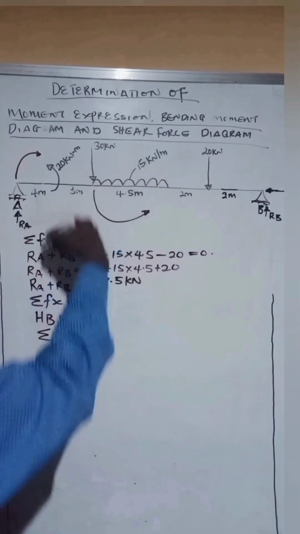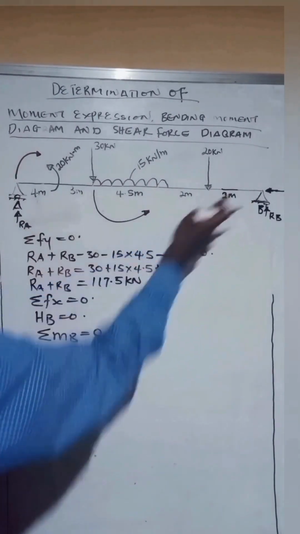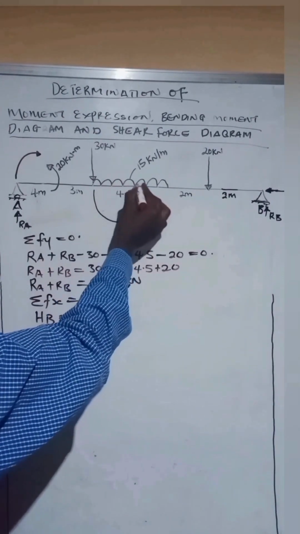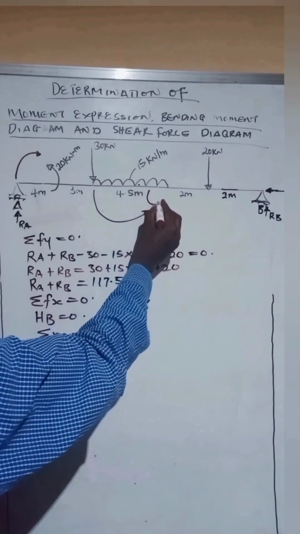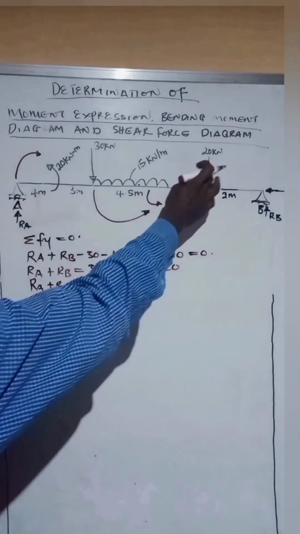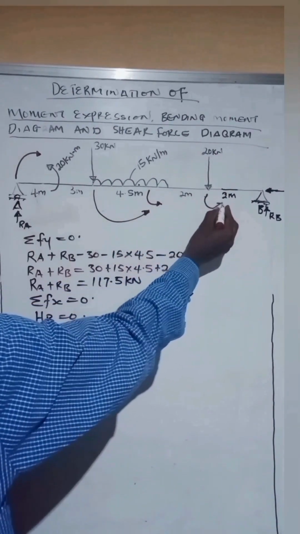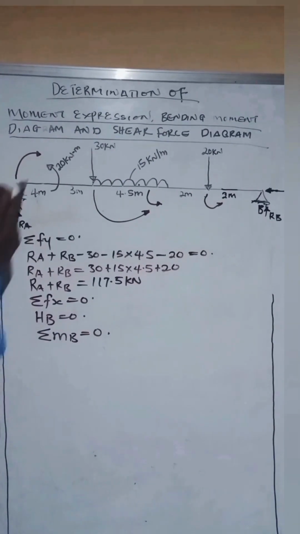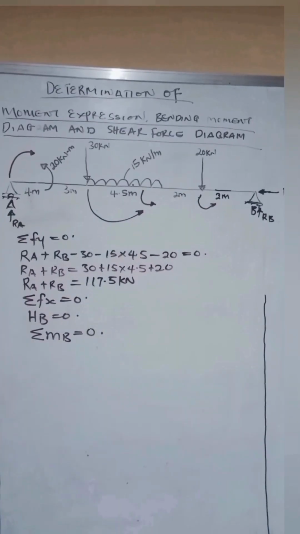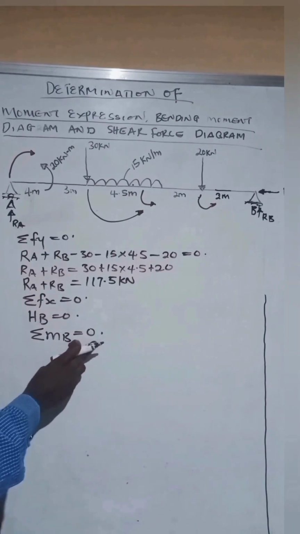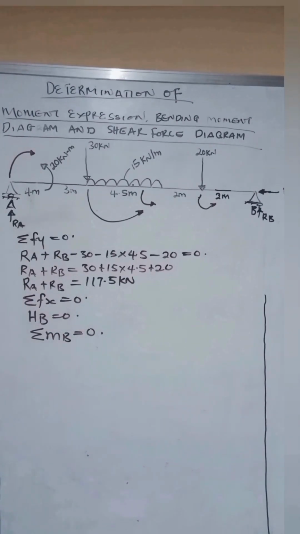This is an anti-clockwise direction, moving towards B. This load is also moving in an anti-clockwise direction towards B. This one is moving in an anti-clockwise direction towards B. While here is already an anti-clockwise moment. So you can see that all the other moments here are anti-clockwise. So summation of moment about point B is 0.